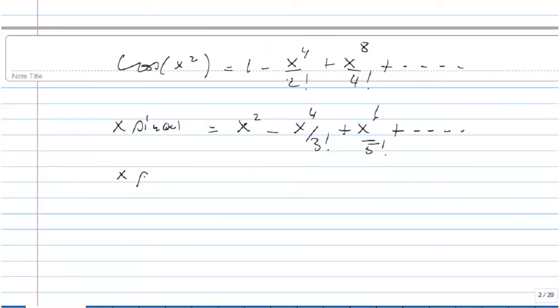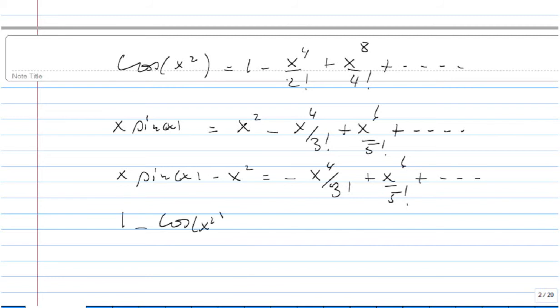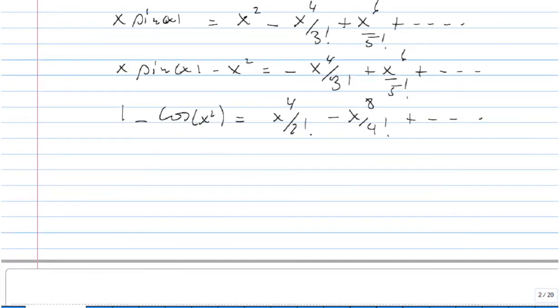So x sine x minus x squared will be minus x to the 4 over 3 factorial plus x to the 6 over 5 factorial, etc. While 1 minus cosine of x squared is going to be 1 minus 1, which is 0, plus x to the 4 over 2 factorial, minus x to the 8 over 4 factorial, etc. So we keep only the first non-zero term.